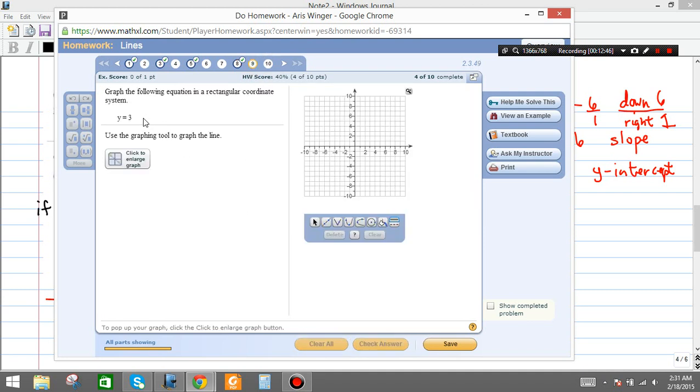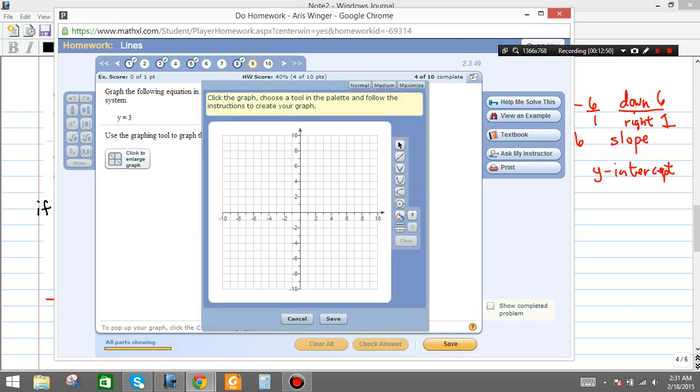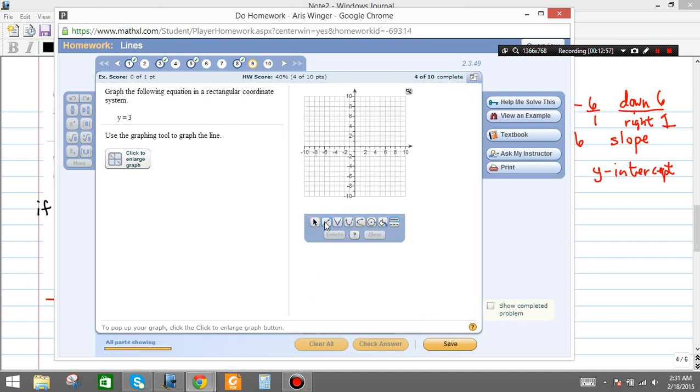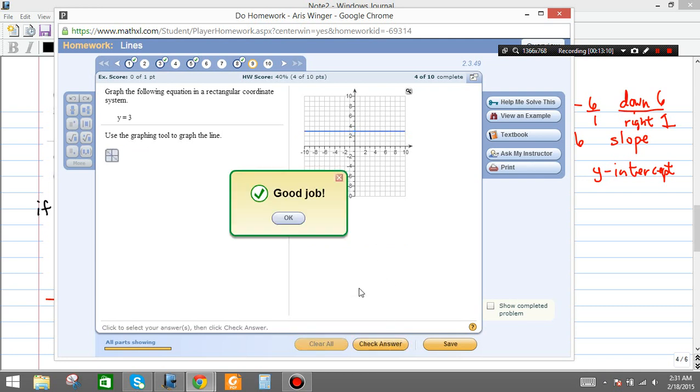Graph the line y equals 3. y equals 3 is a line where the y coordinate is always 3. 2 points for a line. I'm going to construct a line where the y coordinate is always 3. There's one place, and you get to pick any other place where the y coordinate is 3, and that is the answer.